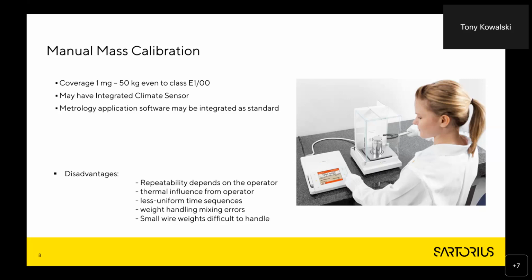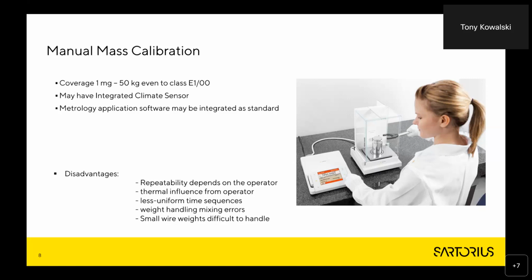Mixing up of the weights. Let's hope it doesn't happen in your lab. There's always the story where, because of the sequence ABA or ABBA, someone accidentally put their reference weight back into the customer's box of weights and kept the customer's weight. So if you do this, then it's a little bit of a catastrophe.